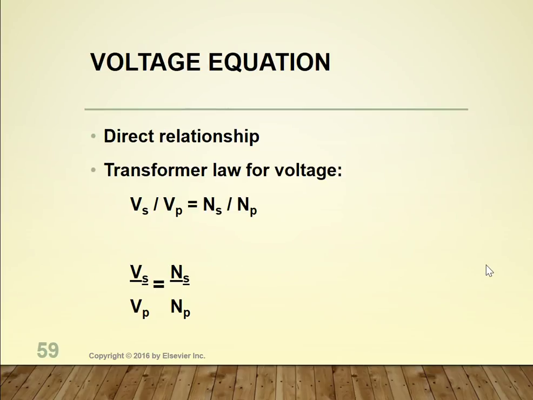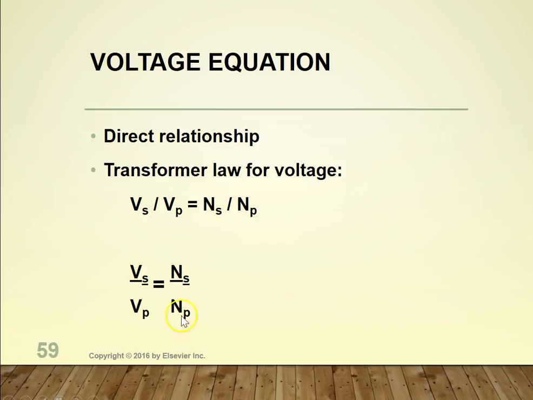Here's the equation. The direct relationship and the transformer law for voltage is, and you can do it this way, secondary voltage over primary voltage is equal to secondary turns over primary turns.